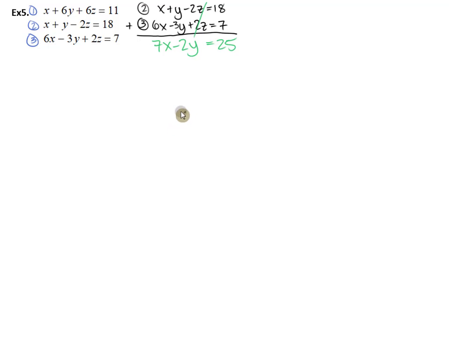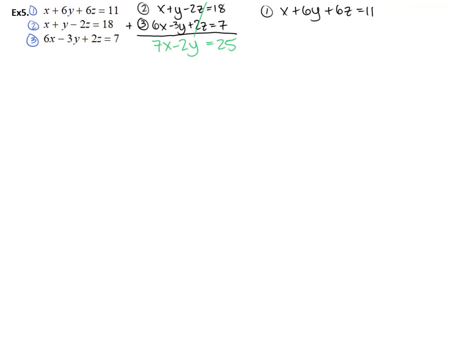Okay, so now I want a second equation that just relates x and y. So I need to eliminate z again. I kind of like the second equation and the first equation over the third because it's already the opposite sign here. So I'm going to rewrite the first equation, x plus 6y plus 6z equals 11.